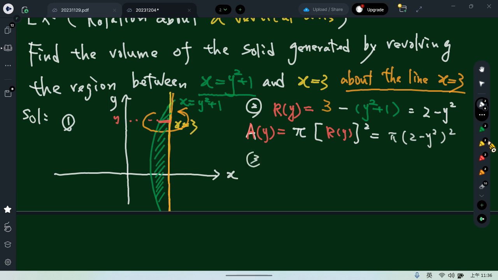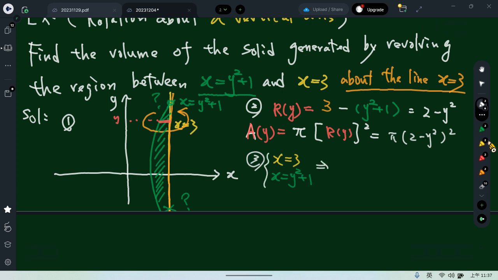Then the third part is: where is the start point, and where is the end point? That means we need to determine the limits for the integral. How can we get that? By using s equals 3, the boundary, and also s equals y squared plus 1.